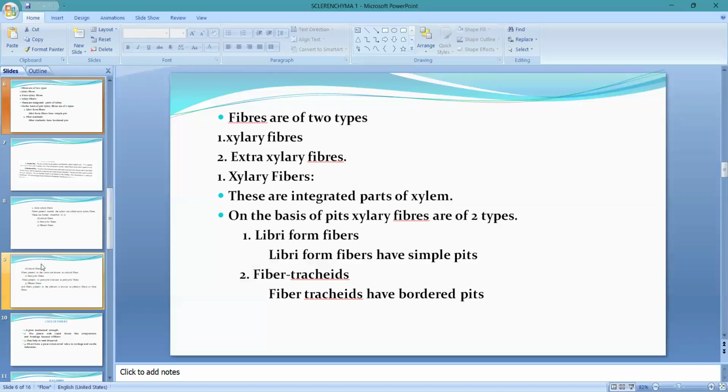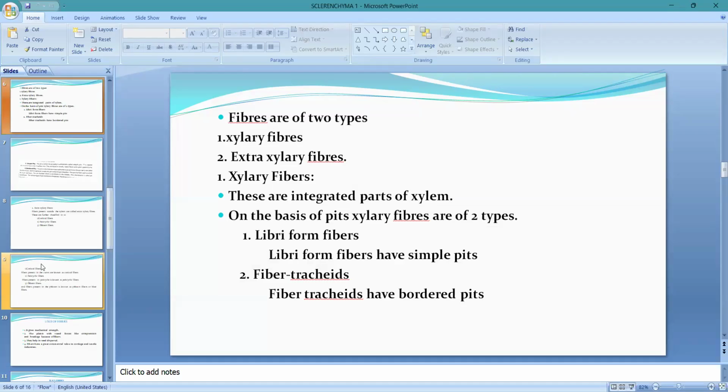Foster, in the year 1949, gave the name bast fibers, and Esau classified these fibers into three categories: cortical fibers, perivascular fibers, and phloic or phloem fibers. The extraxylary fibers are of three types.